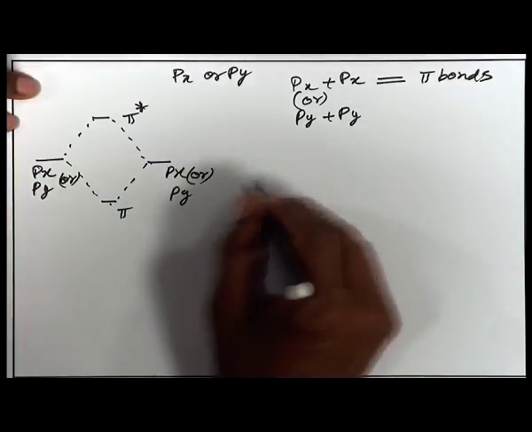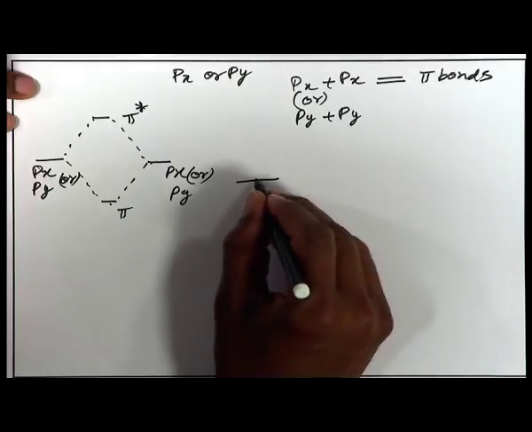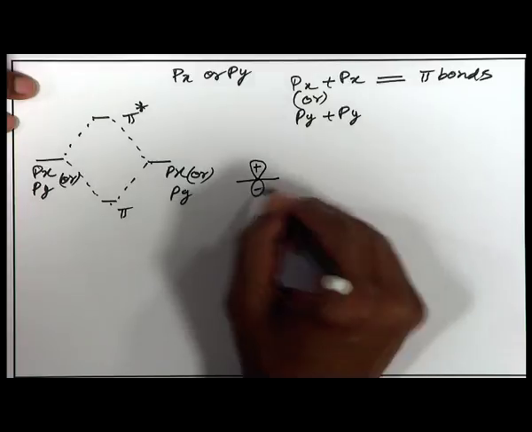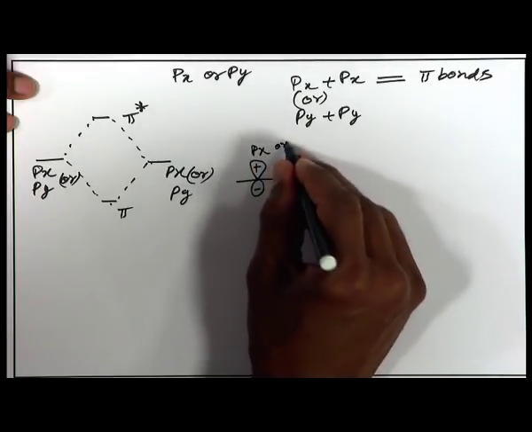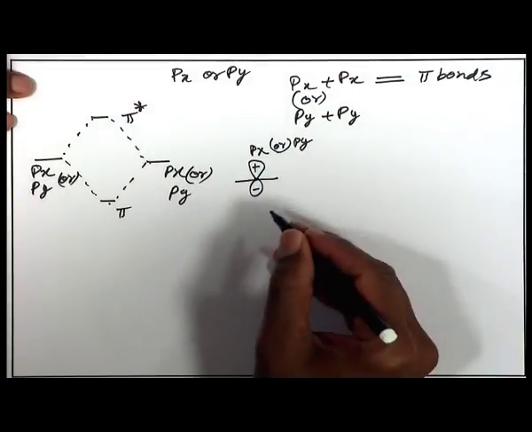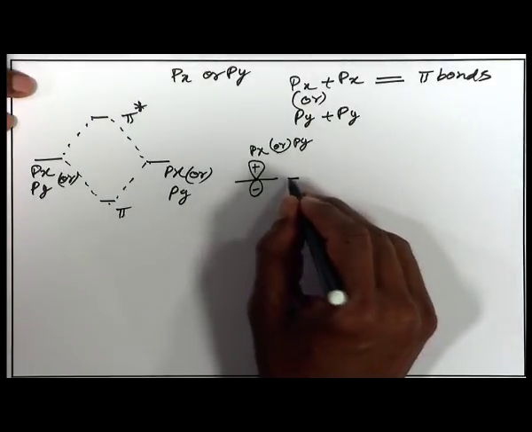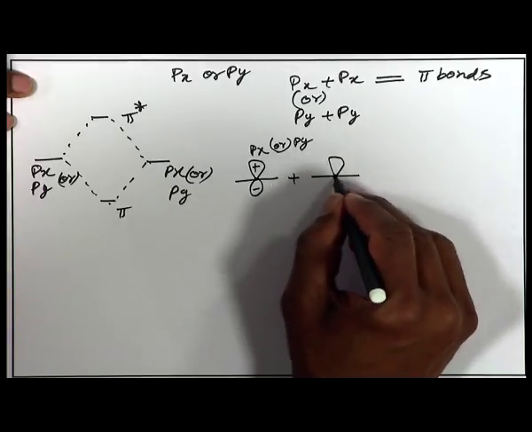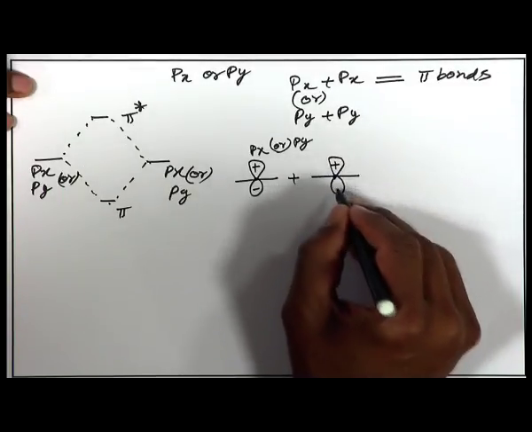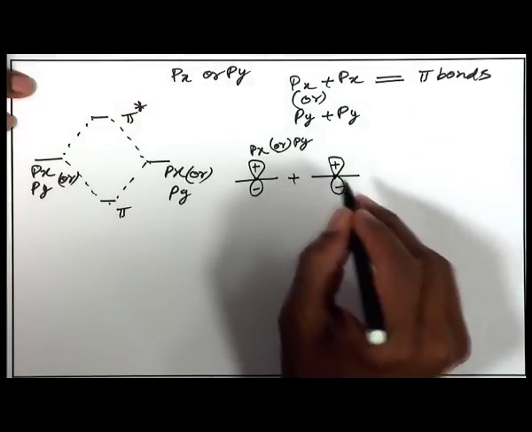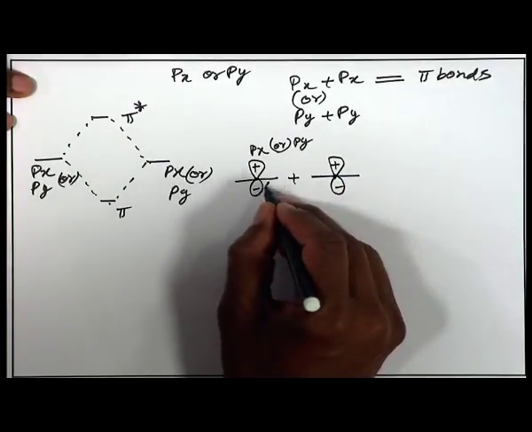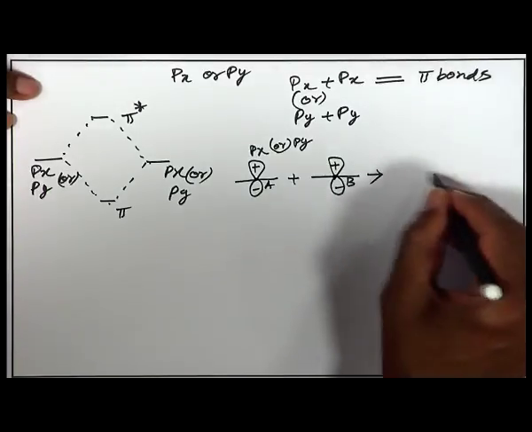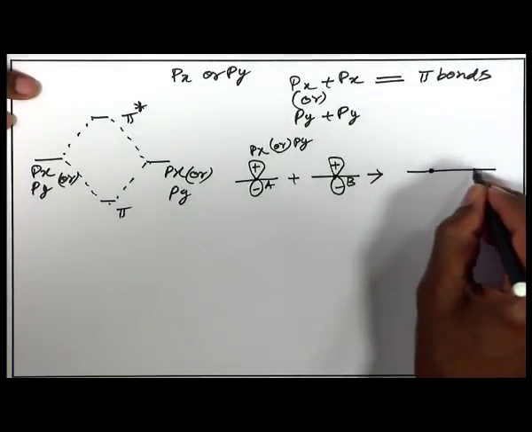How do they look? Take the internuclear axis with atom A, which has a Px orbital, plus on top and minus below. Combining with atom B, whose Px orbital is also plus and minus, gives this.